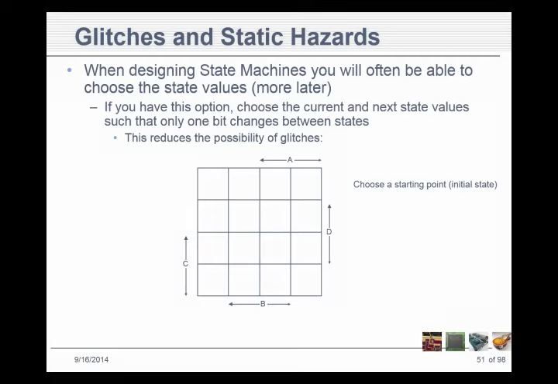It might be the first state, but we could call it state 4. The second one, we could call it, it is the second state, but we can choose a digital number to make it work in our circuit.